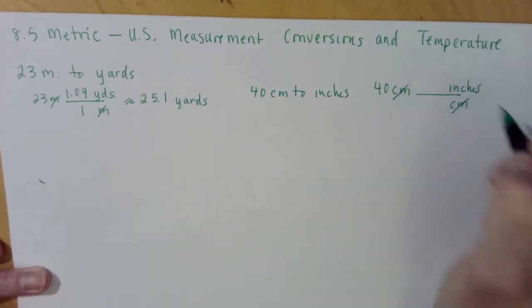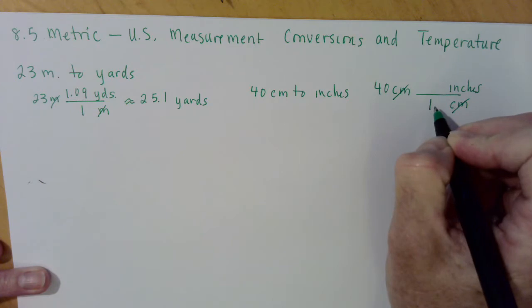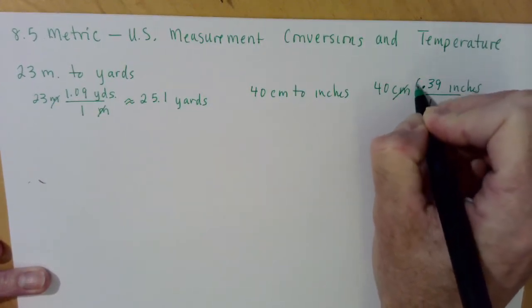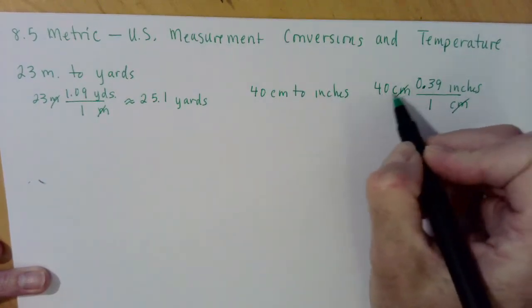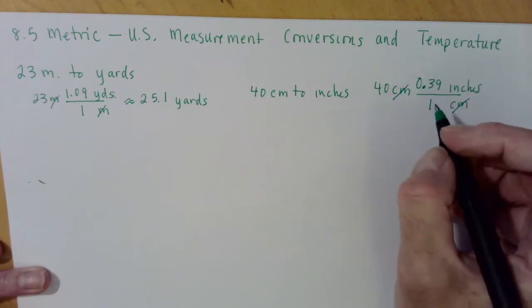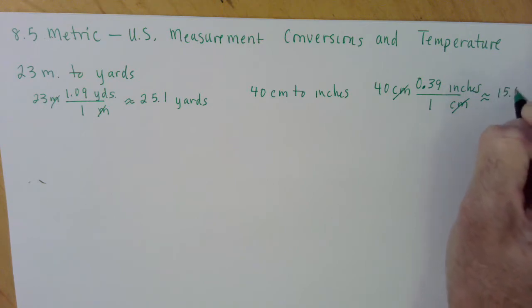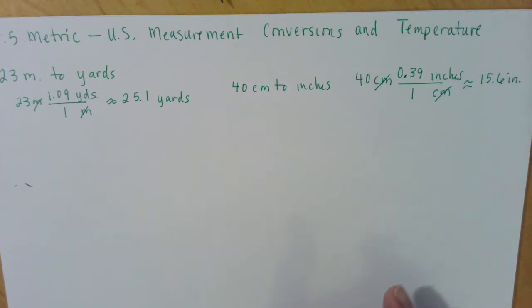Now look at your chart and find where it tells you that there is 1 centimeter for 0.39 inches. Now you can just do the long multiplication, or you can punch in your calculator, and they round all these to the 10th place. So I'm saying approximate because they're rounded, and that will be 15.6 inches. Okay.